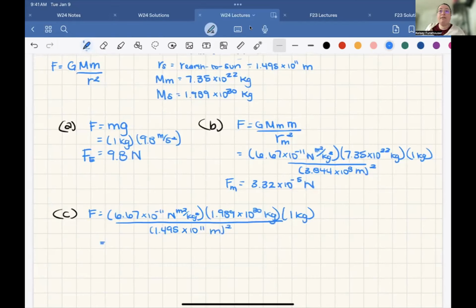So this gives us 5.93 times 10 to the negative 3 newtons from the sun. So obviously the force from the Earth is the biggest because it's on the Earth's surface. But it's interesting to see that even though the sun's a lot farther away, because it's a lot more massive, it acts with a stronger force than the moon.